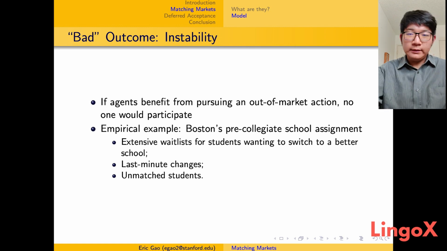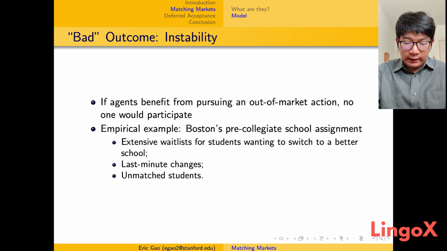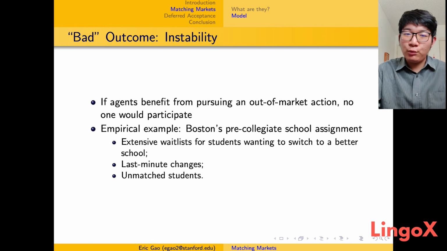Okay, so now the question is, how do we match students and universities? And before getting to what we want, I'm going to talk a bit about what a bad outcome would look like. So a market might be unstable, right? By unstable, I mean that if there are 2 people, one from each side of the market, who would do better by exiting the market and matching outside on their own, then no one would be willing to participate in the market.